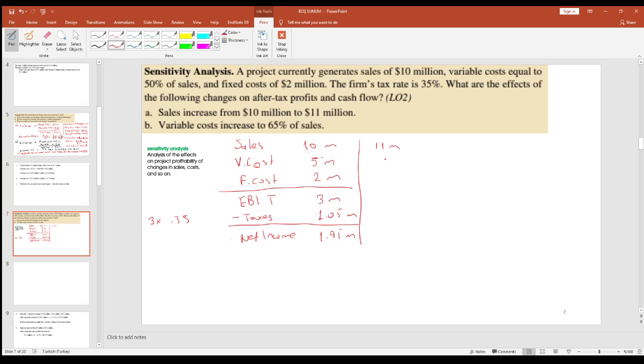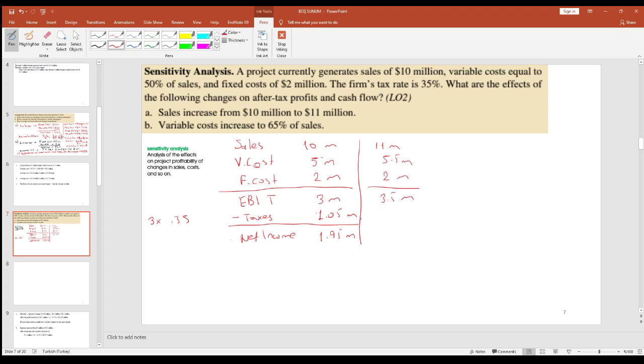So variable cost here is, sorry, not 5 million, it is 50% of sales, so this is 5.5 million. Fixed cost 2 million, and earnings before interest and tax in this case will be 3.5 million.